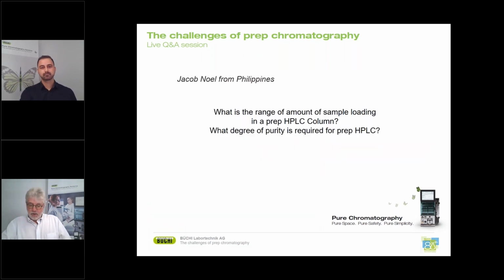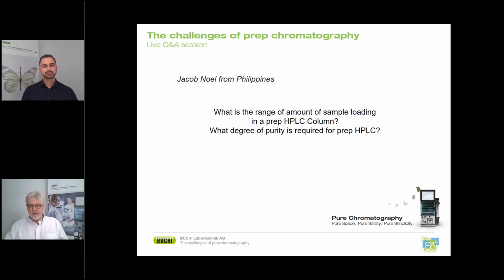Well, loading on a column, also there we can have many discussions, and I would say giving real exact numbers is probably difficult, but there is a very easy rule of thumb for prep columns. We are not talking about cartridges, but about prep columns here.